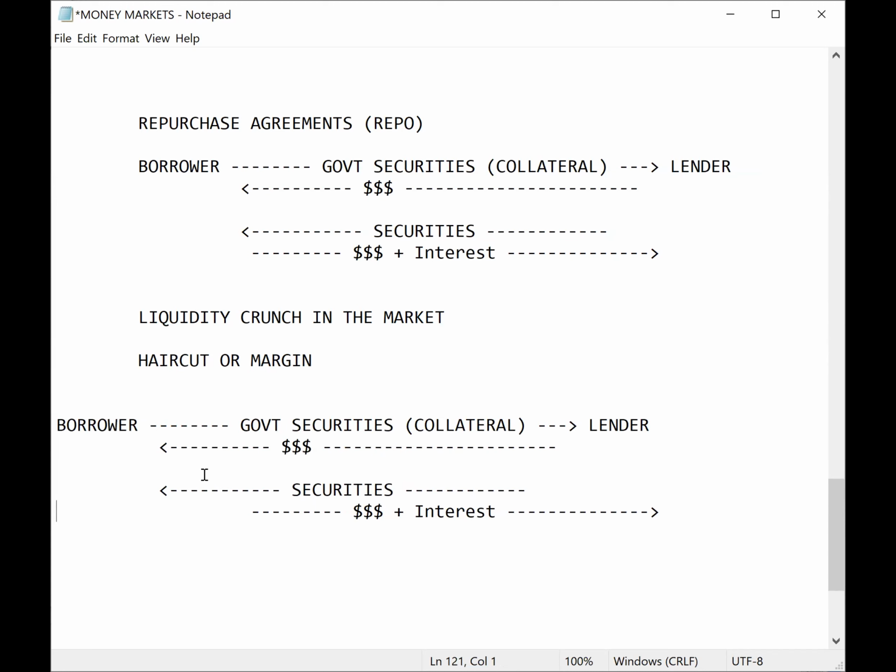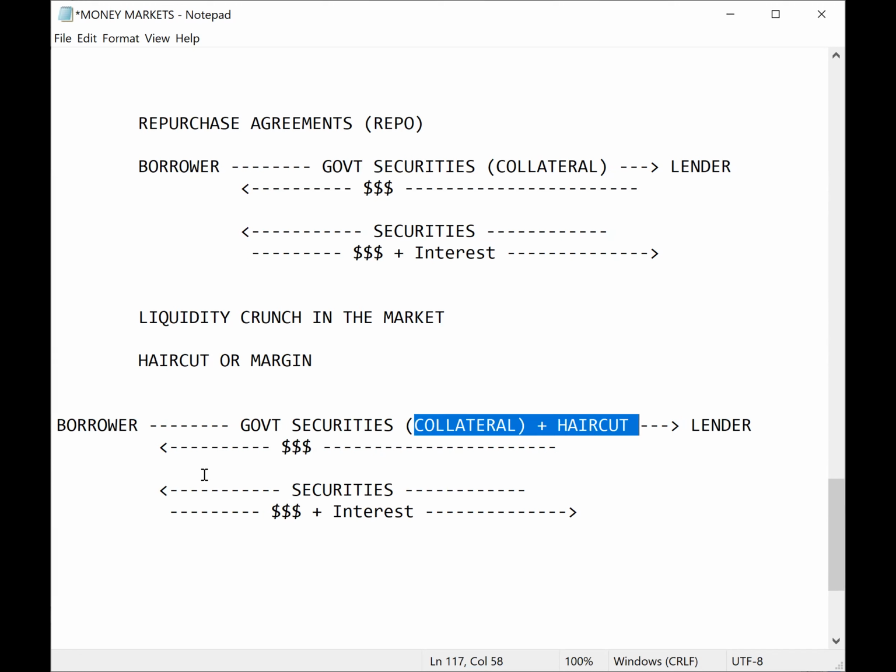So what happens here is, guys, not only this, but you have to give a certain margin or haircut to the lender as well. And what the lender would return is the collateral you have given plus the rate.